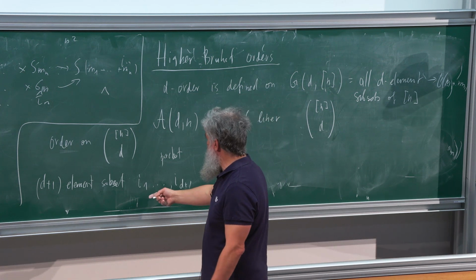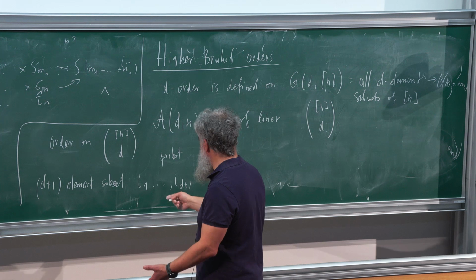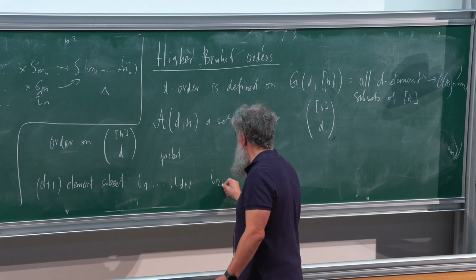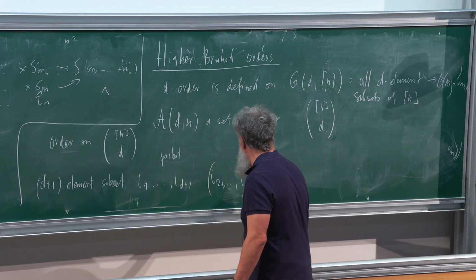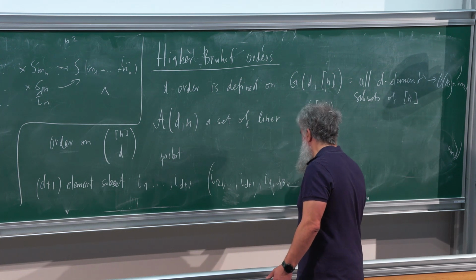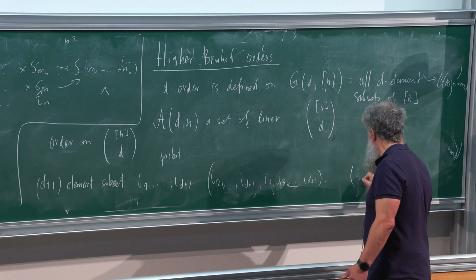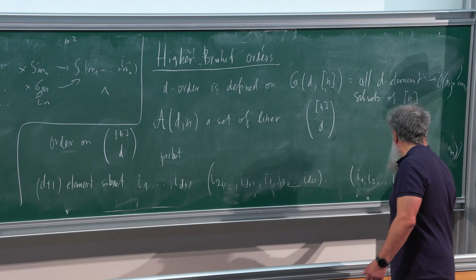Then we consider all d-element subsets contained in it, which we put in the following order. We kill E1, so it would be E2 through E d+1, then E1 E3 through E d+1, and so on. At the end we kill the last element E d+1.